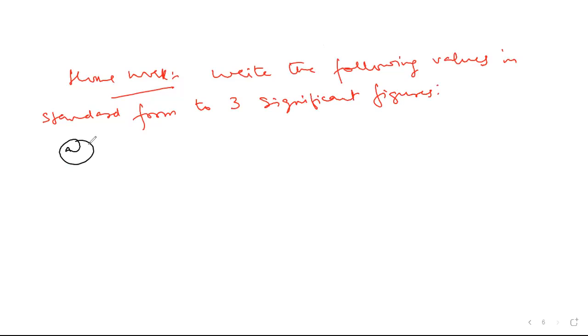Part A is 150 million kilometers in meters.